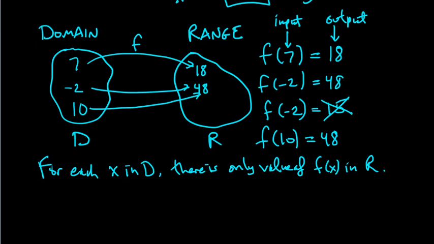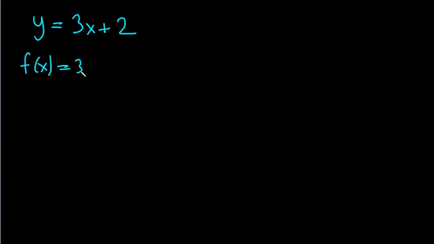So typically, we would think of functions as just equations. So if I write the equation y equals 3x plus 2, you can also think of that as a function, f of x equals 3x plus 2.